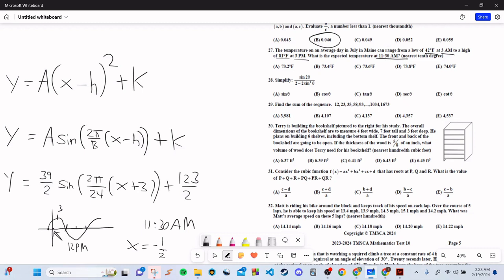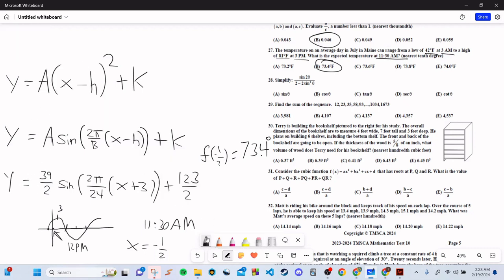So making sure you're in radians, of course, we're going to do 39 over 2 times sine of 2 pi over 24 times negative 0.5 plus 3 plus 123 over 2. And so plugging in, so that's f of negative 1/2, we get 73.4 degrees. That's going to be answer choice B. Oh, and that's our answer.